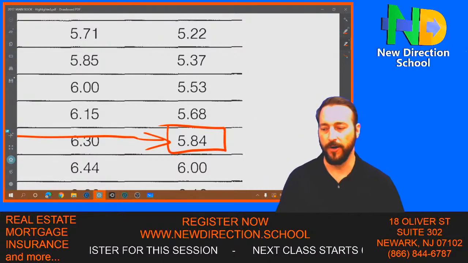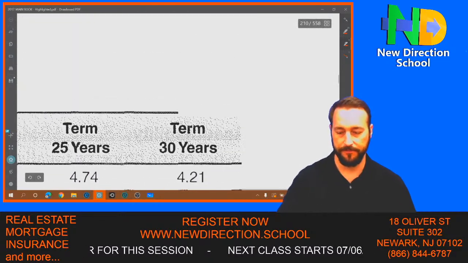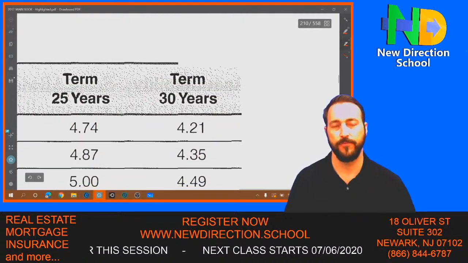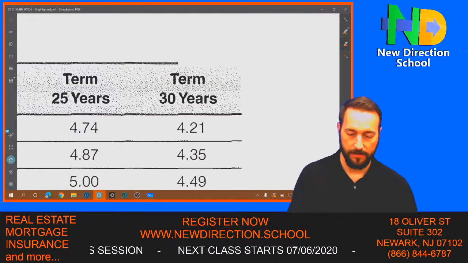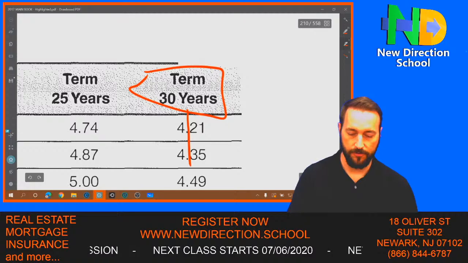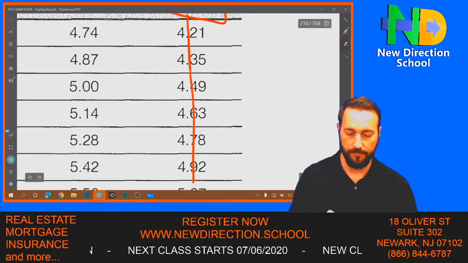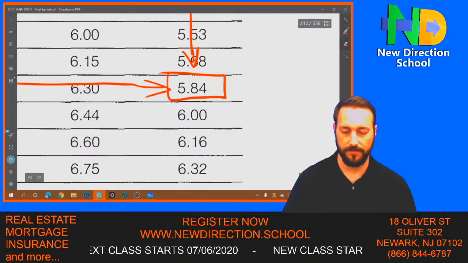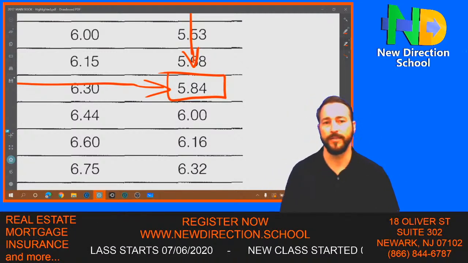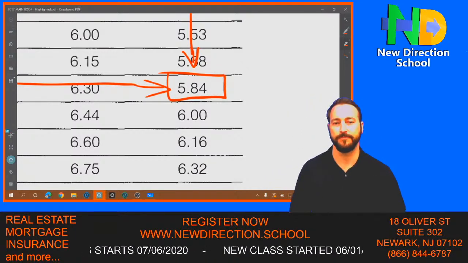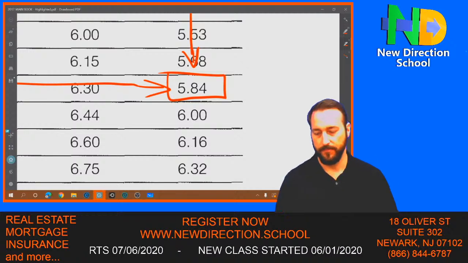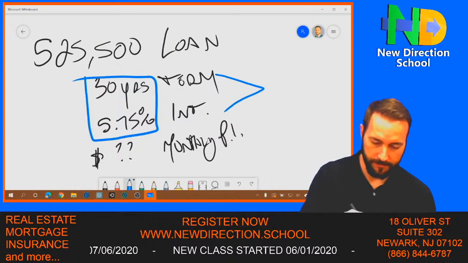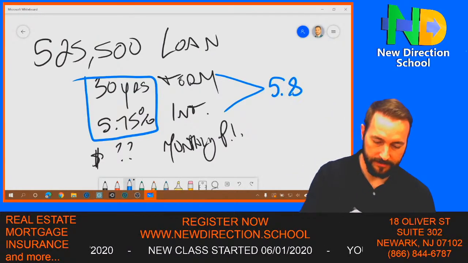That's the 30-year mark because here the column is 30 years, right? So I'm going to scroll down. And this is where they meet. 5.84. That's the number. Okay? Go here. 5.84.